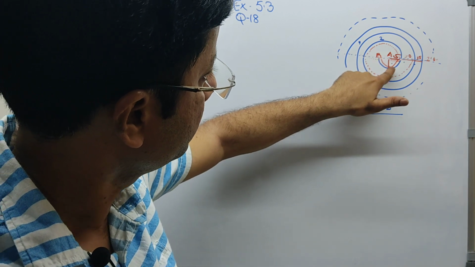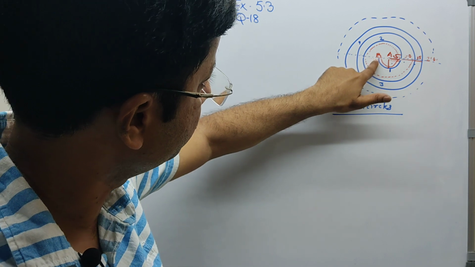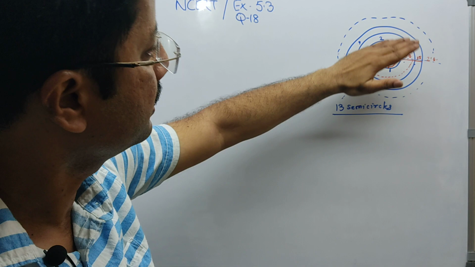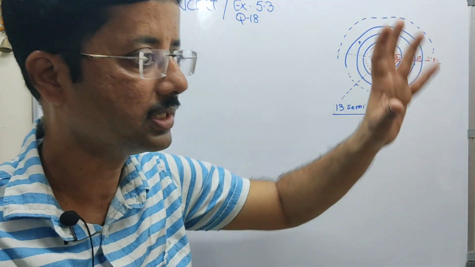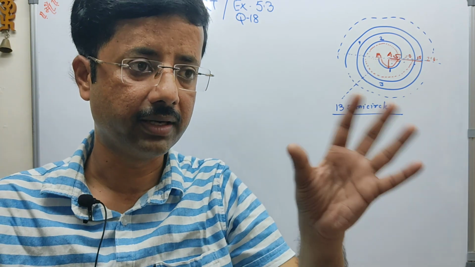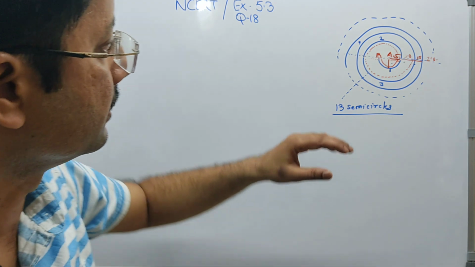Every time the semicircle size changes, the center also changes because the radius is changing.